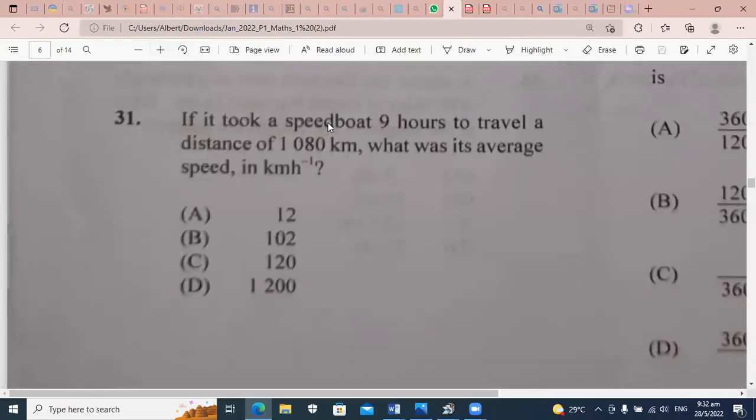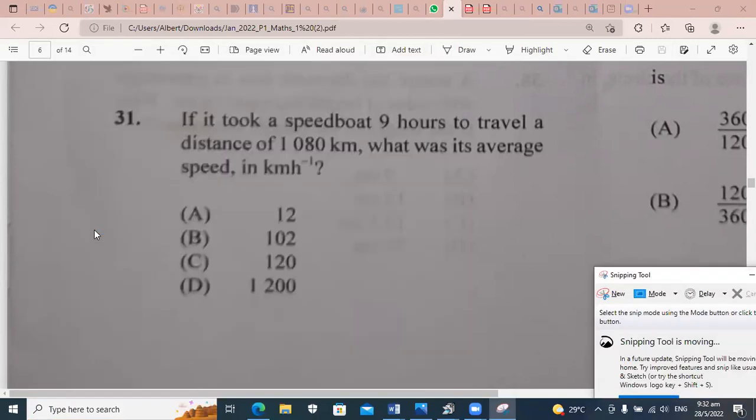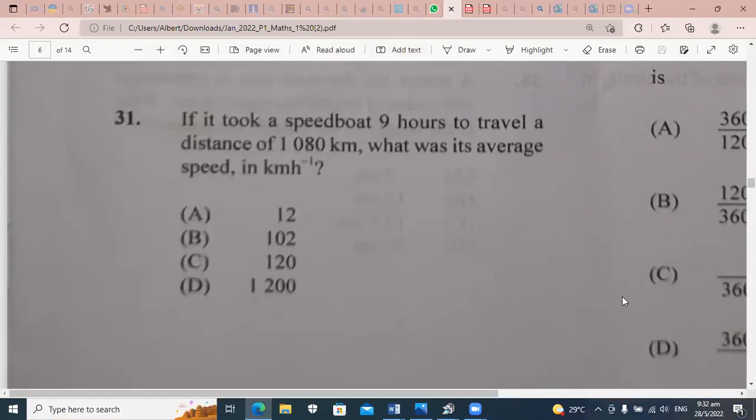Let's look at this question here. It's 31. You guys see my screen? Yes, sir. All right, so basically, there's a formula to find speed of anything.